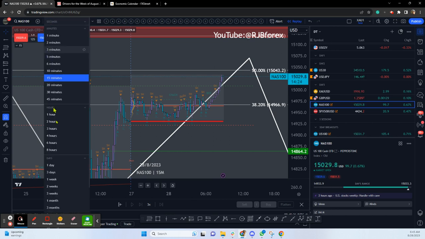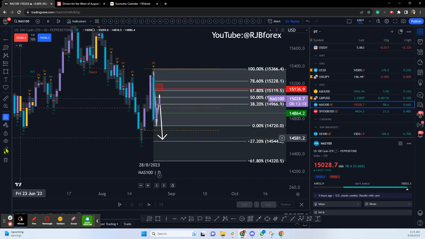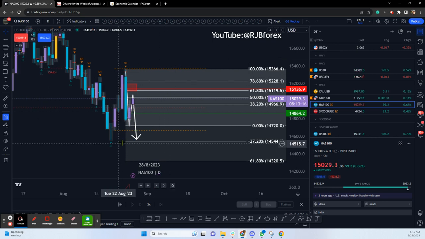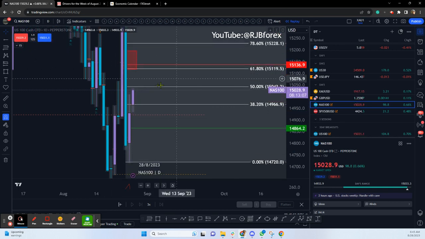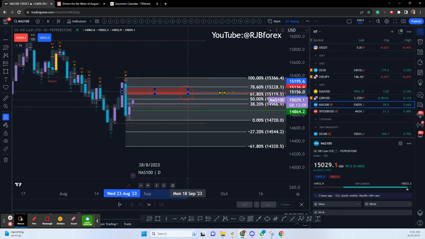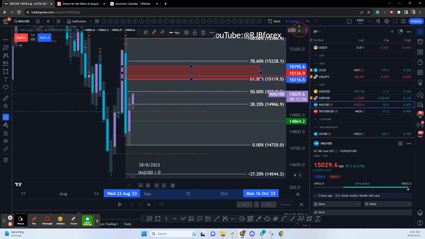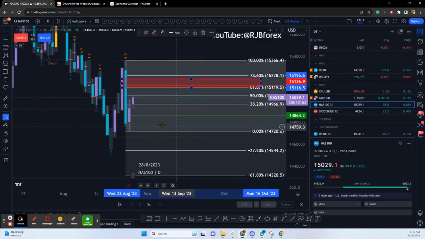So technically, okay, so we are moving in on the 50% mean reversion of the bearish impulse. We can move higher in towards the 61.8. It's a strong correction.